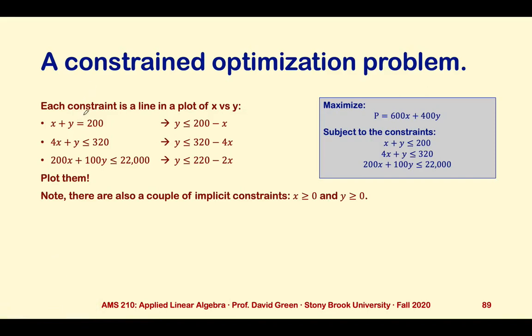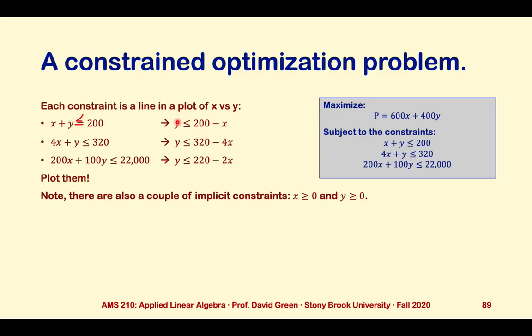Less than or equal to 200 can be rearranged to y being less than or equal to 200 minus x, 4x plus y being less than or equal to 320 can be rearranged to y being less than or equal to 320 minus 4x, and 200x plus 100y less than or equal to 22,000 can be arranged to y is less than or equal to 220 minus 2x.